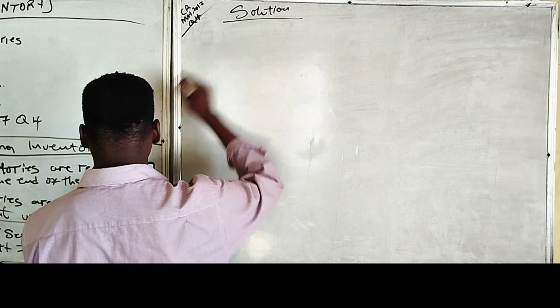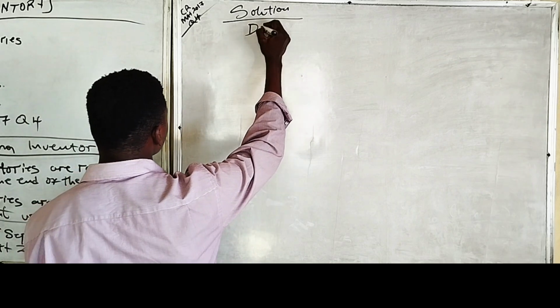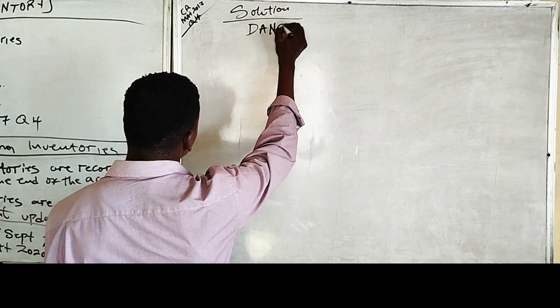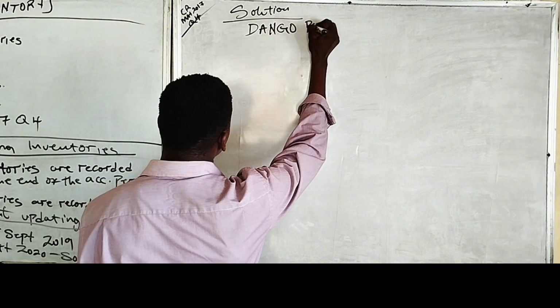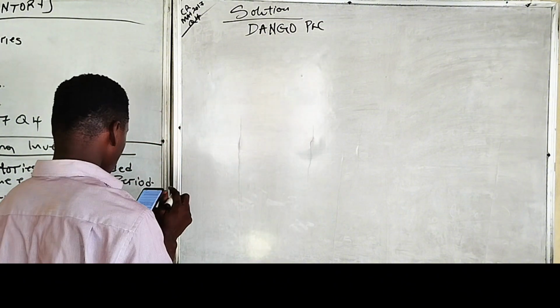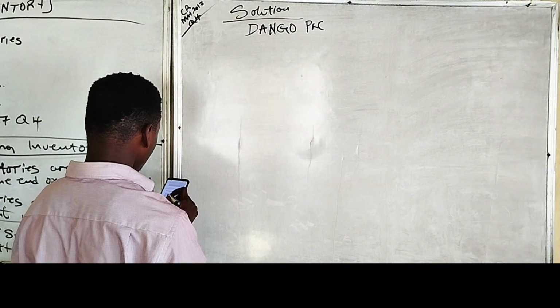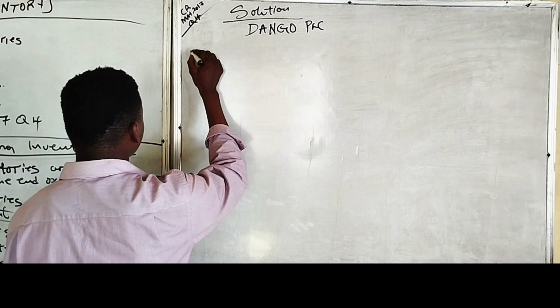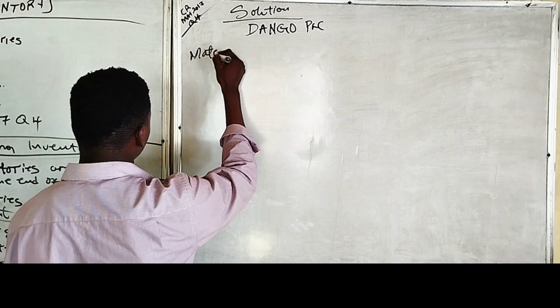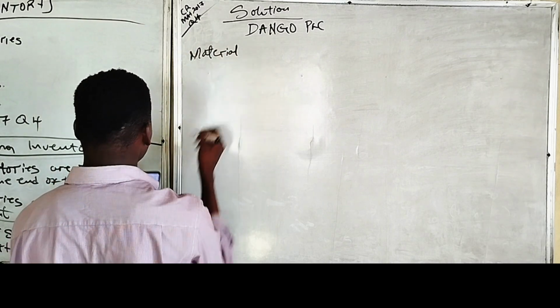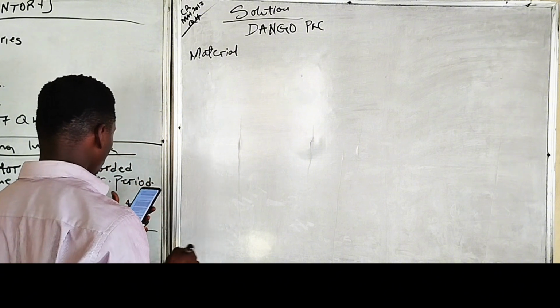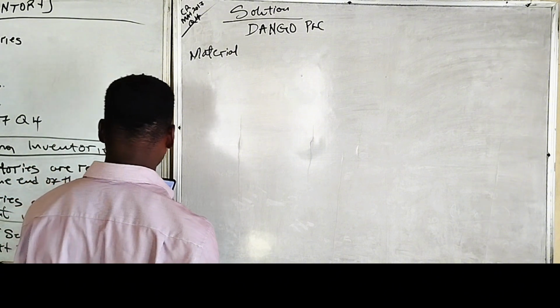Question 4C, okay. Dango PLC. It says that it purchased raw materials, so we have material. Remember that we said inventory includes raw materials, work in progress, and finished goods. Don't forget.